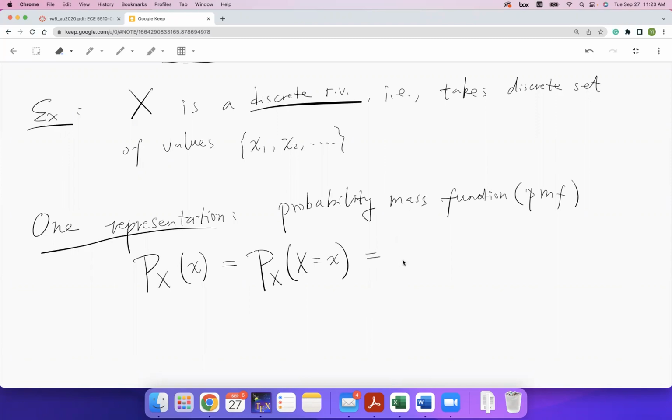And again, if we translate it into the original probability space, this is the event that is a set of outcomes such that X(omega) equals x.